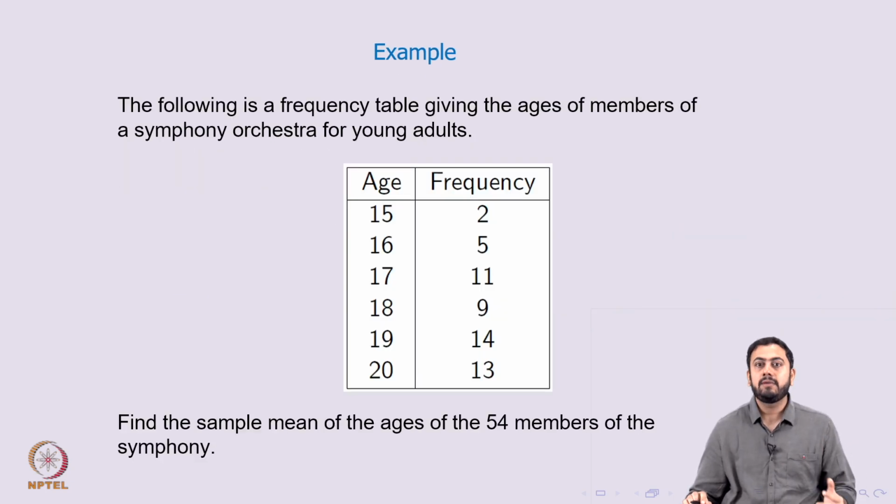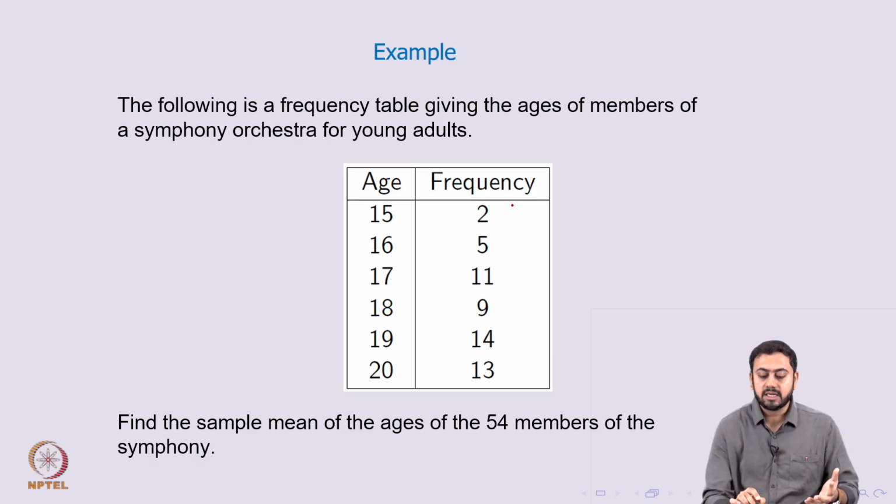Now, a second example, in a frequency table format. The following is a frequency table giving the ages of members of a symphony orchestra for young adults. The first column gives you the age: 15, 16, 17, 18, 19 and 20. And then how many members are there having those ages?